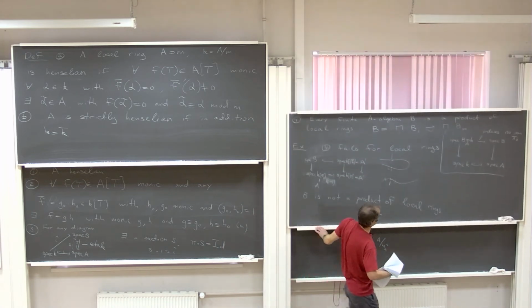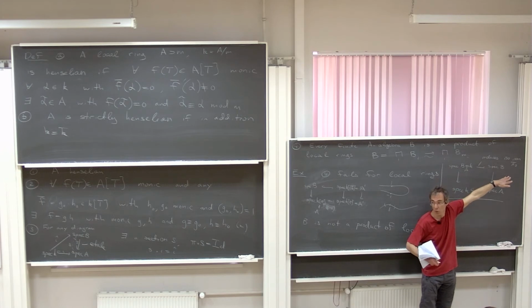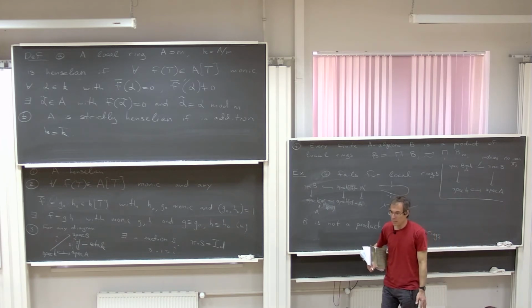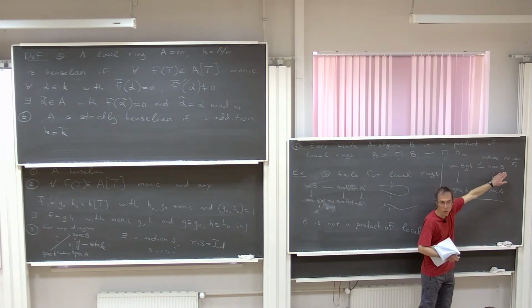So I want to show that connected components of this are in one-to-one correspondence with connected components of B. Putting this algebraically, I want to show that idempotents here are in one-to-one correspondence with idempotents here.